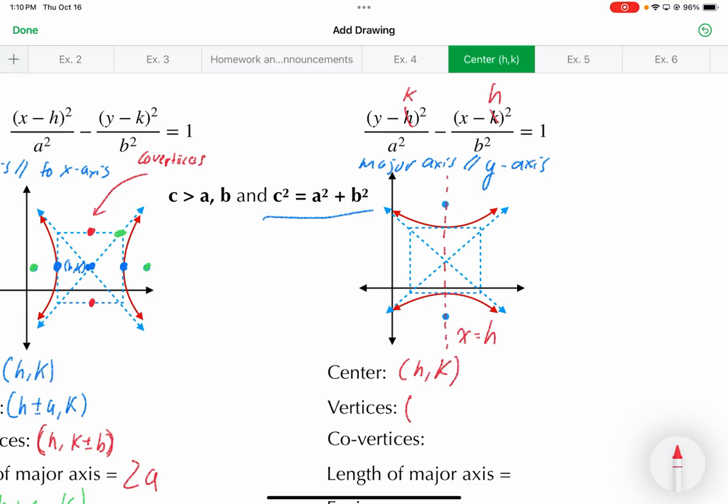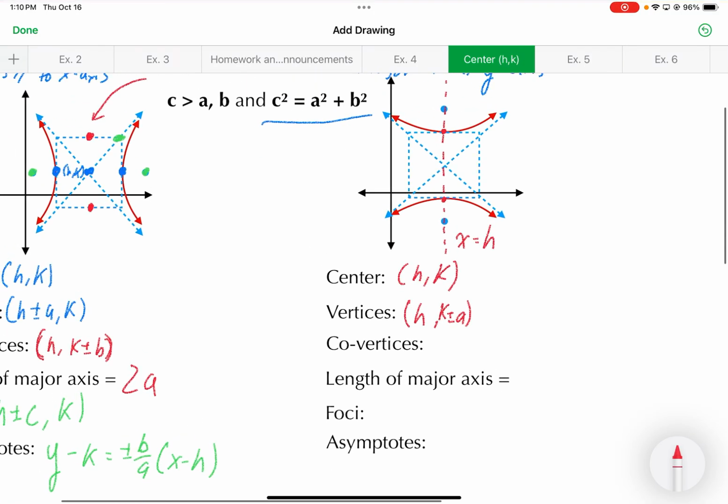Okay, so my vertices, which coordinate stays the same, x or y? For my vertices. X. So then it's just going to be h, and then I got to play the game with k, right? So I'm going to do k plus or minus what value? Should be a.